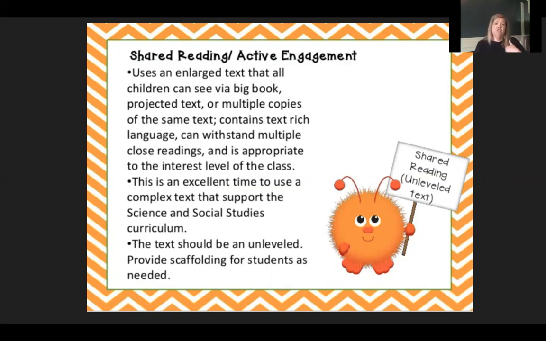But the text that I choose, I know has the opportunity to allow students to start showing their own thinking in whatever skill I was trying to teach them. It's a really excellent time to use really complex text for science and social studies, which can be really hard for some students, especially struggling readers. And the text really shouldn't be leveled. You're going to be providing scaffolding for students as they need that.